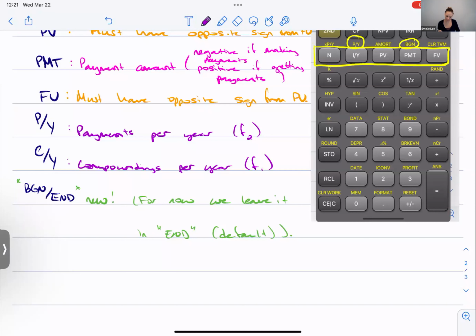I think we're ready. How about we redo the last example that we did, but on our calculator, because then we'll be able to see the two side by side.